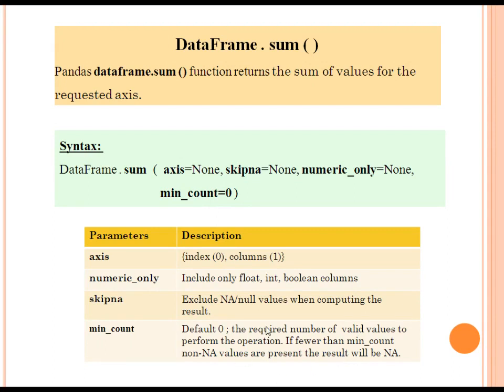These are the 4 parameters: axis, skipna, numeric_only. You are familiar with this. And the new parameter is min_count equals to 0. It means the minimum count is taken 0 into account. And by default it is 0 only.